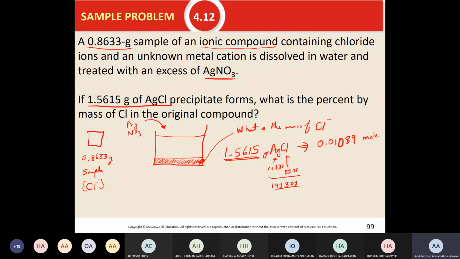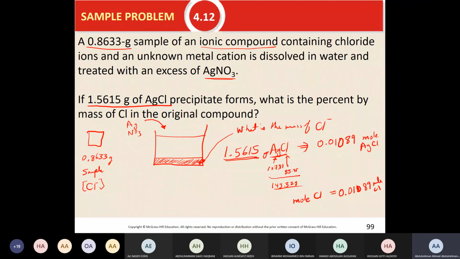Is this clear? Now, in each one mole of AgCl, how many moles of chlorine? 1 mole. If I have 0.01089 mole AgCl, how many moles of chlorine is there? The same, 0.01089 mole Cl.